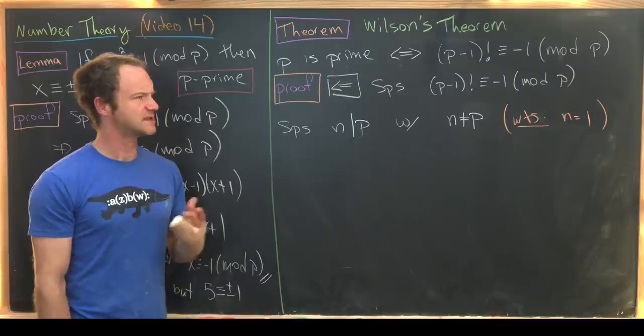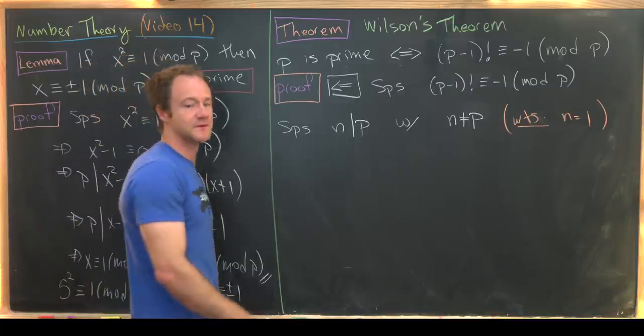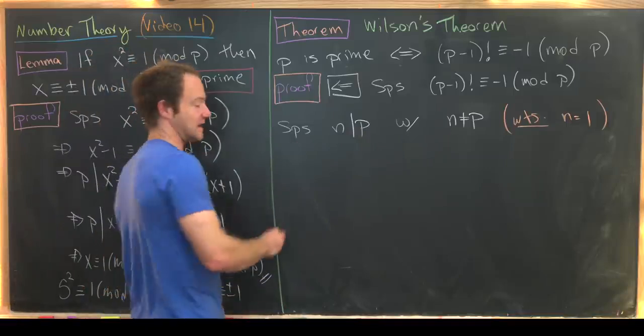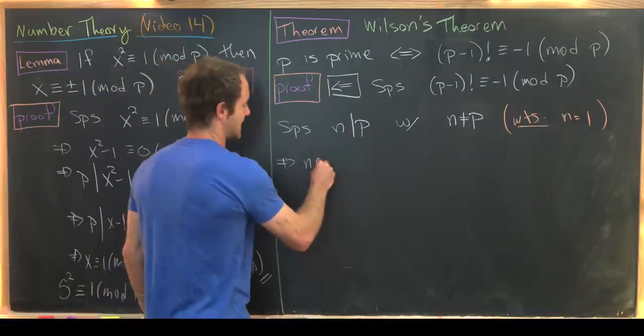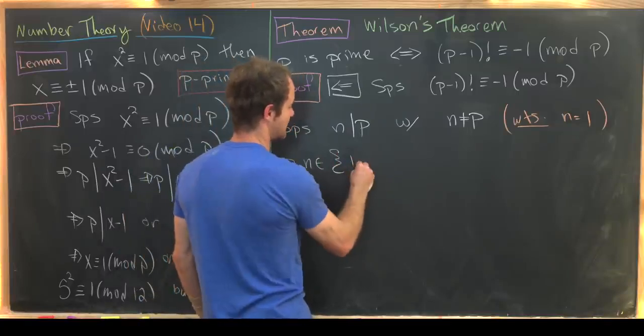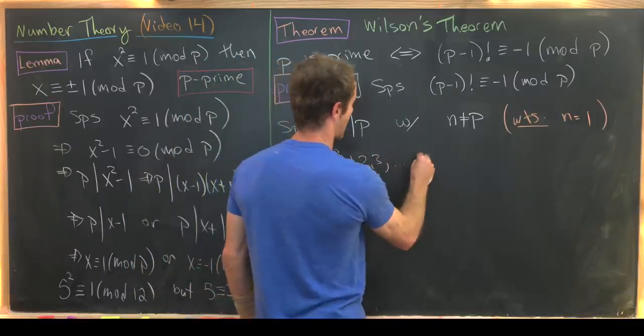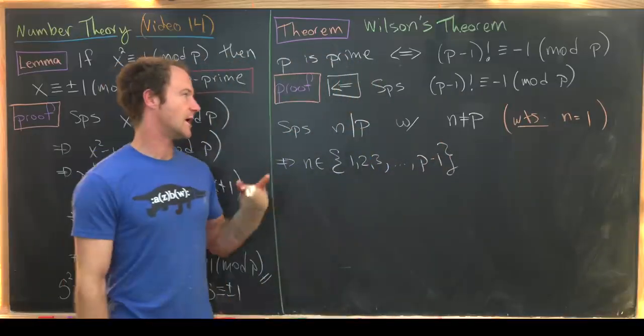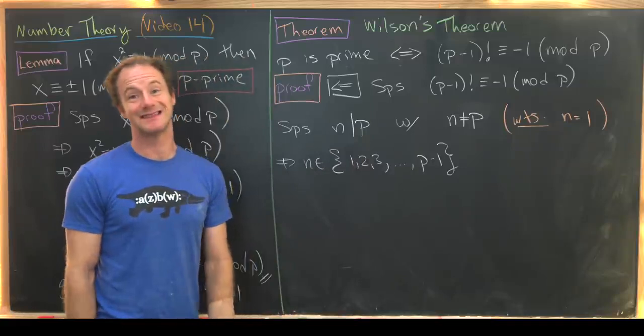Okay, so let's see how we can do this. So notice the fact that n is not equal to p, but it divides p, tells us that n comes from a certain set, 1, 2, 3, all the way up to p minus 1. Well, the fact that n divides p means that it's less than p.